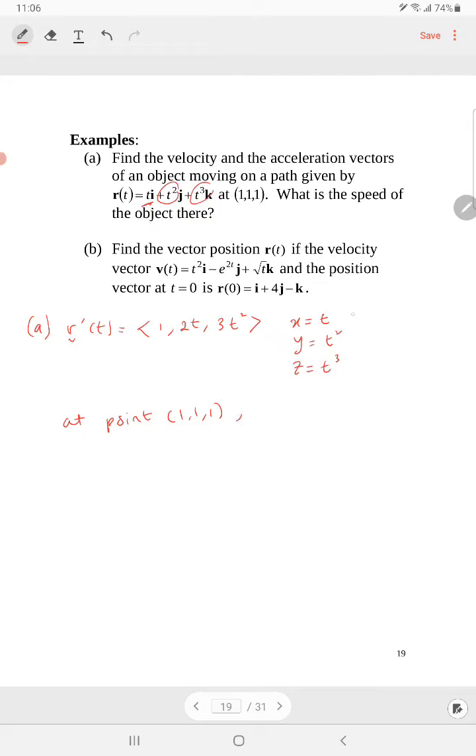The x coordinate is 1, the y coordinate is also 1, and the z coordinate is also 1. So you can see that t is equal to 1, because 1 squared gives you 1 and 1 cubed is also 1. So at point (1,1,1), t is equal to 1. Now we can find the velocity.